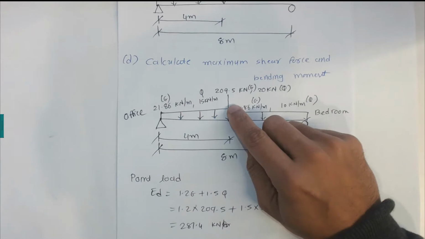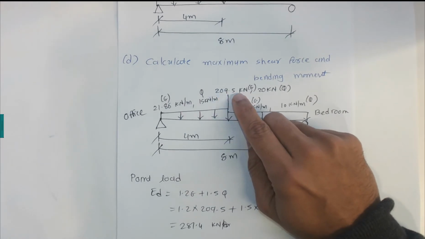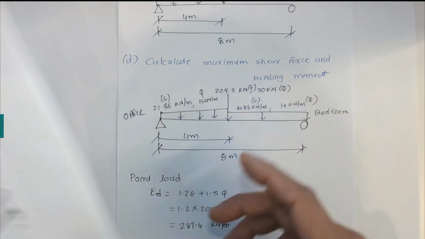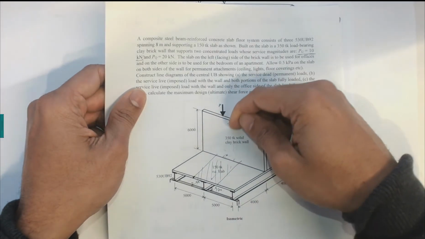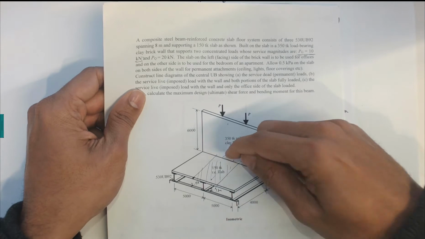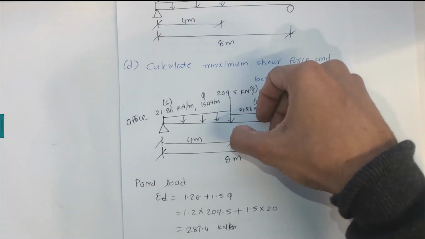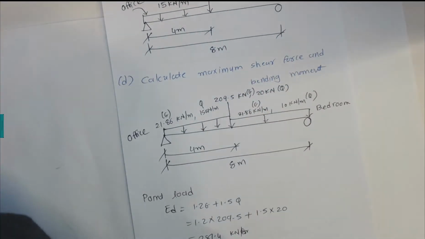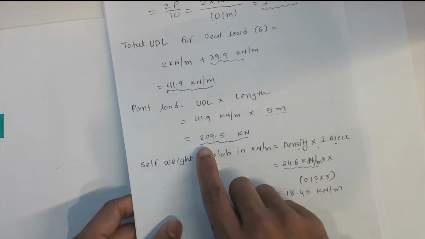Let's start with the concentrated load, which is 209.5 kilonewton and 20 kilonewtons. Where is it coming from? These two loads and the wall create the concentrated loading here in the middle at 4 meters. The 209.5 comes from what we calculated in the first video.